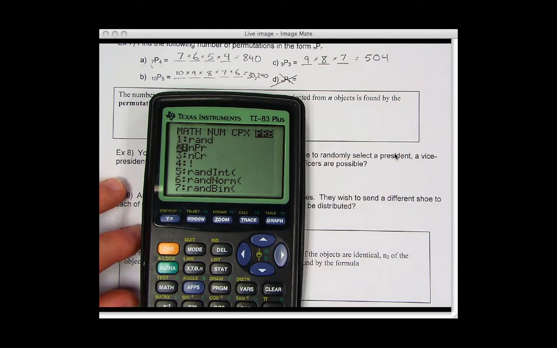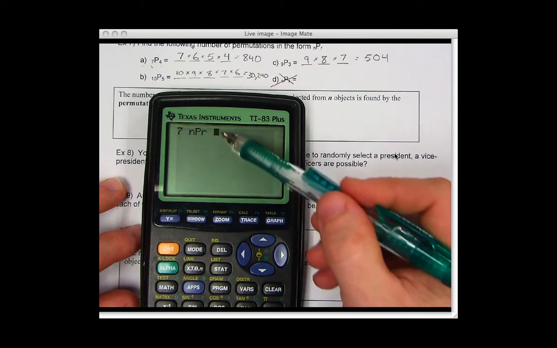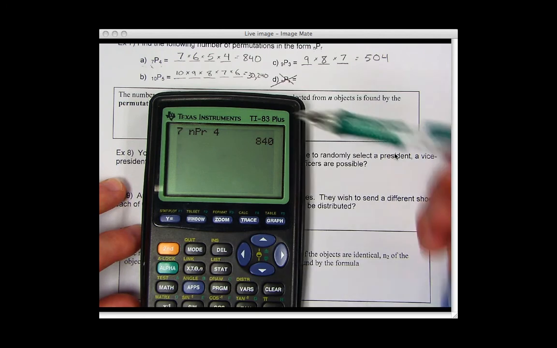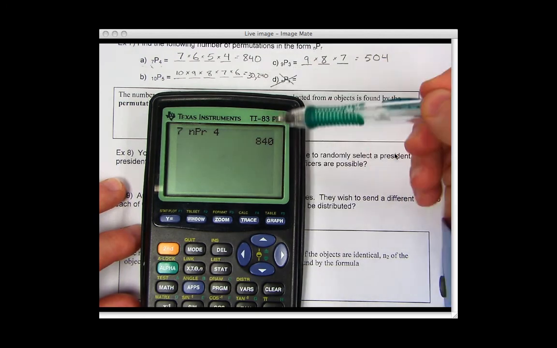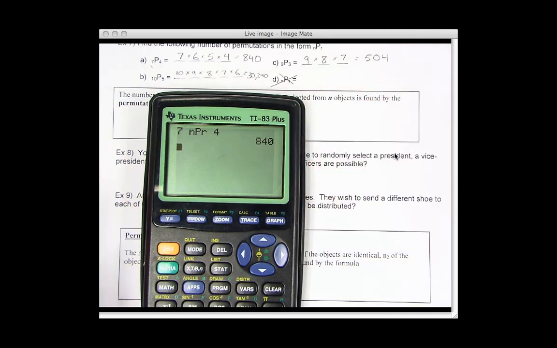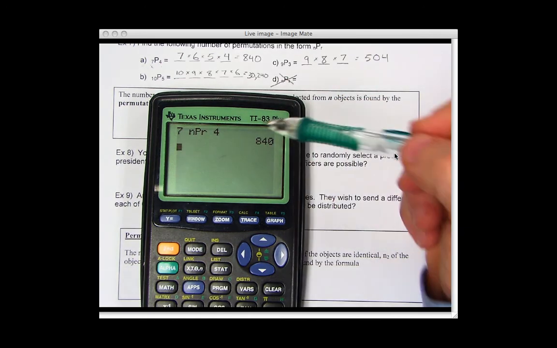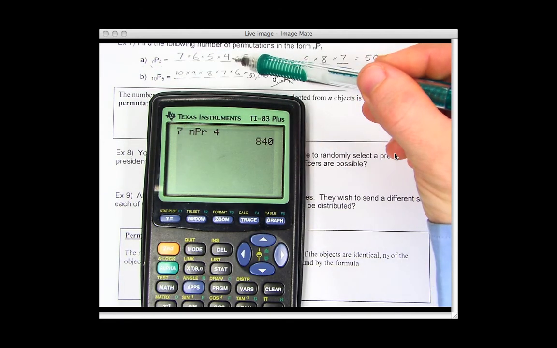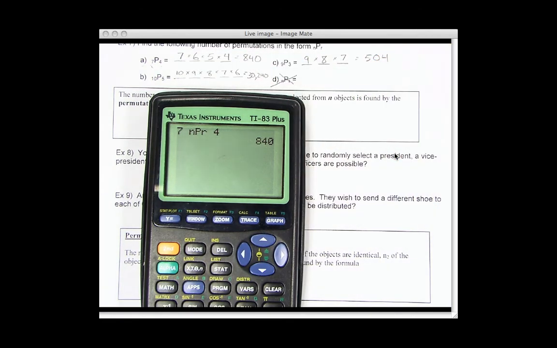So we go ahead and select nPr. And now we want to put how many items we're choosing, which is 4. So 7 nPr 4, and we hit enter, and you'll notice we do get 840. Feel free to use your calculator when doing this, but it's also good to know exactly what this means so that you could find it even if you didn't have your fancy calculator here.